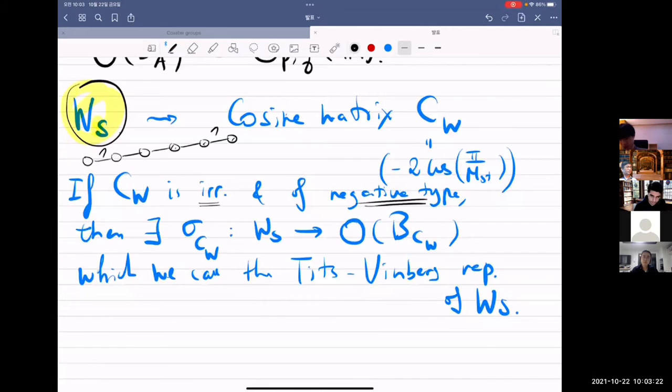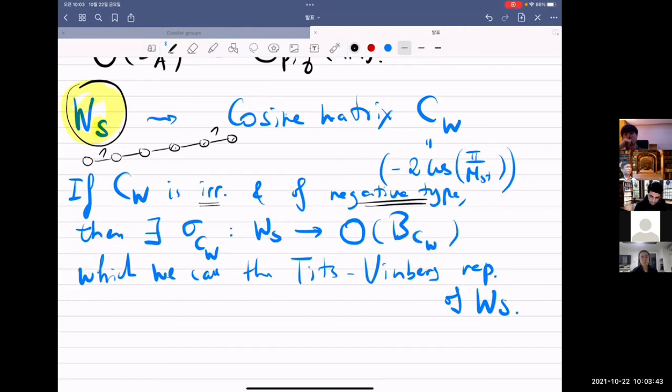So we have these representations from W_S to O(B_CW). In fact, these signatures will be the 5, 1. So this is a Tits-Vinberg representation.